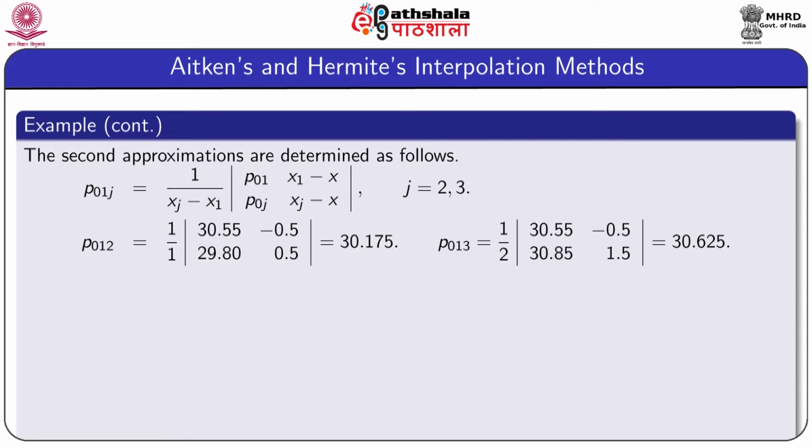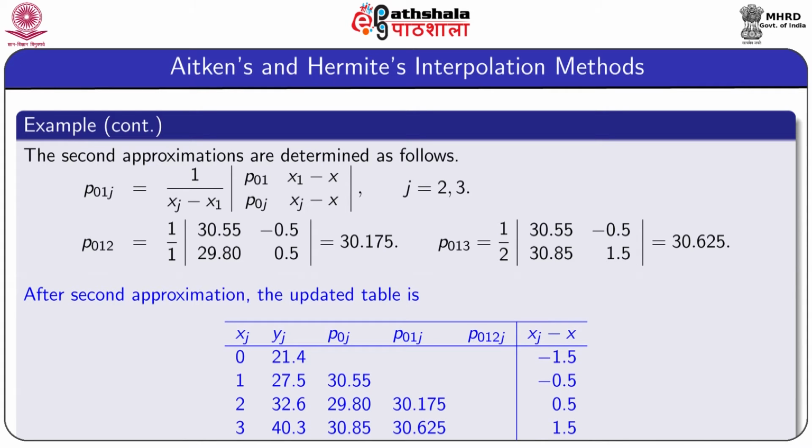So, after simplification, this becomes 30.625. After the second approximation, the updated table is this one, that means the fourth column is added to the previous table, and its values are 30.175 and 30.625.